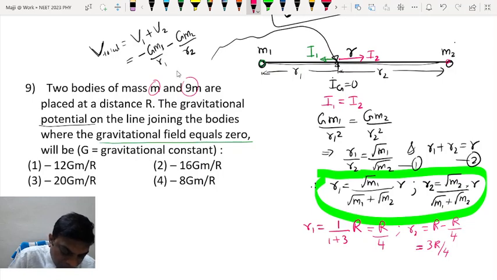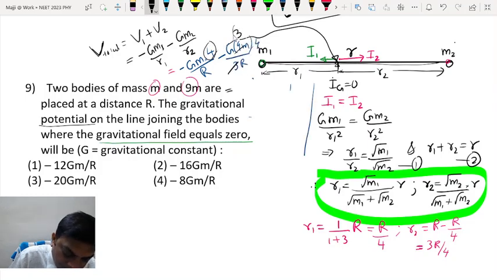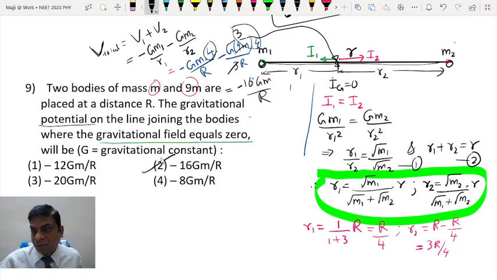So upon substituting, you have minus G m by r1, r1 is r by 4, and here minus G 9m by 3r by 4. That is minus 4 Gm by r and minus 12 Gm by r. So we have minus 16 Gm by r. So the correct option is the second option.